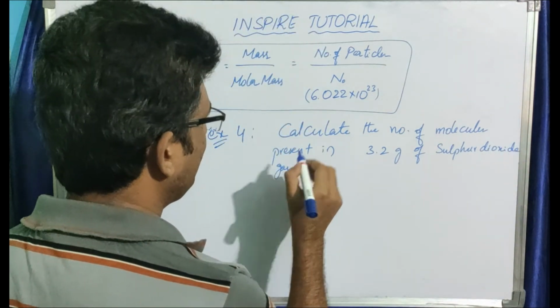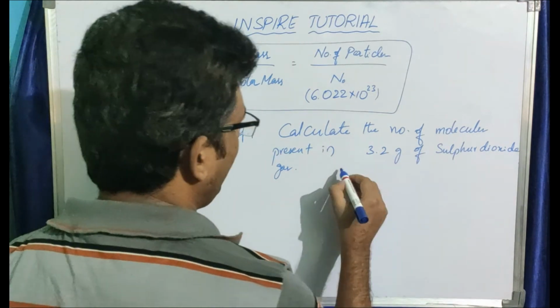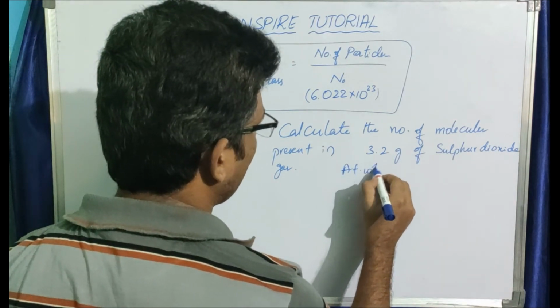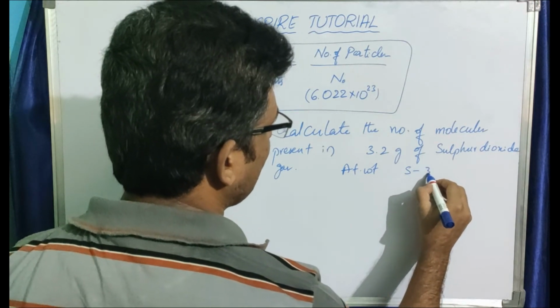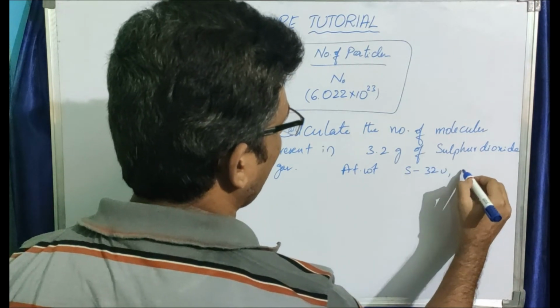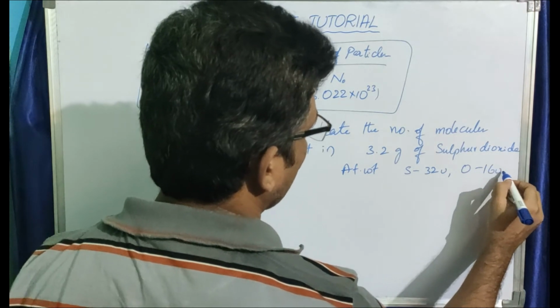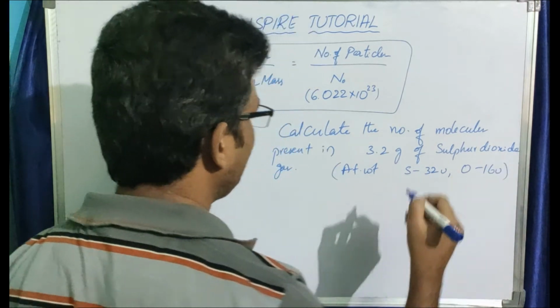Okay, this is the question, and the atomic weights are given like this. The atomic weight of sulfur is 32 units and oxygen is 16 units.